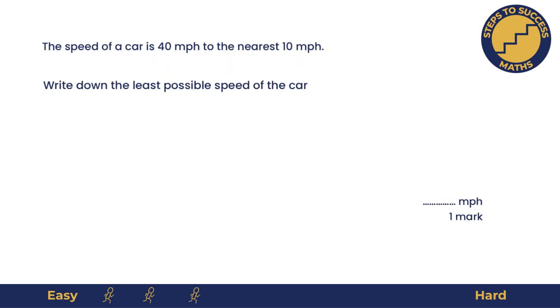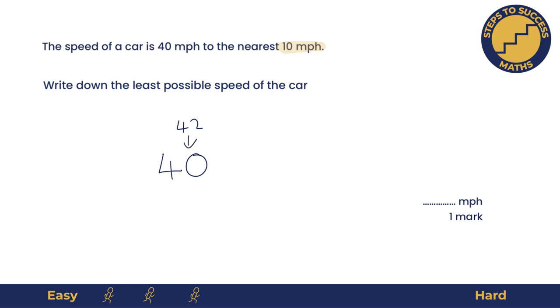The speed of a car is 40 miles per hour to the nearest 10 miles per hour. Write down the least possible speed of the car. Okay, so this time you measure the speed of the car and you round it to the nearest 10 miles per hour. So if you had 42 miles per hour, that would round to 40, but you want the smallest one.